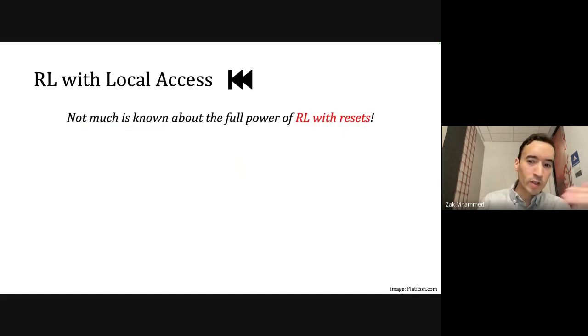As we just saw, resets are available in many RL applications, but despite that, we still don't know much about what resets can actually bring in terms of sample and computational complexity in RL. This is true from both empirical and theoretical standpoints.